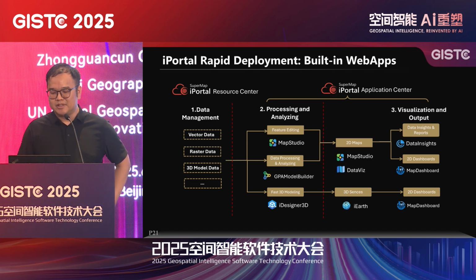From data management, we can integrate different data and services, as we talked about. Then processing and analyzing these resources with our GIS capability within some of the web apps. And finally, we can give a visualization or other types of output format. Our web apps cover the entire workflow, so we are really trying to facilitate our users' operation.